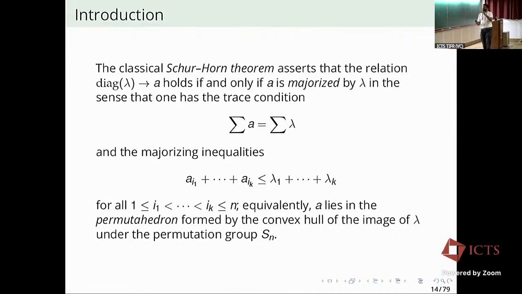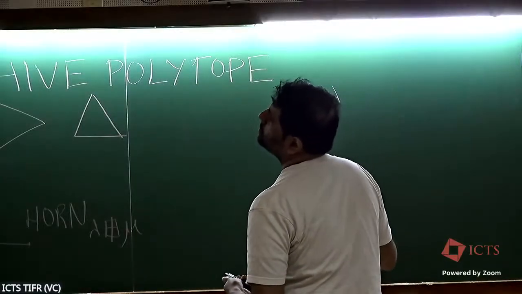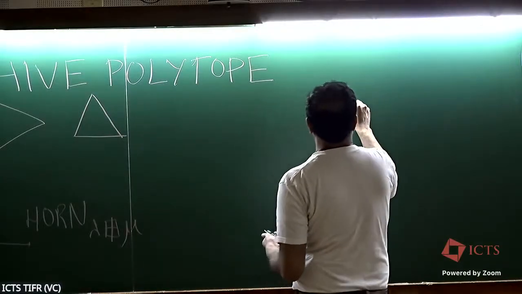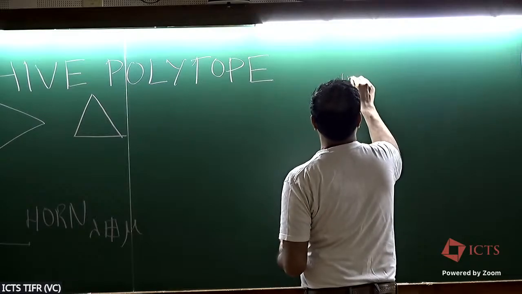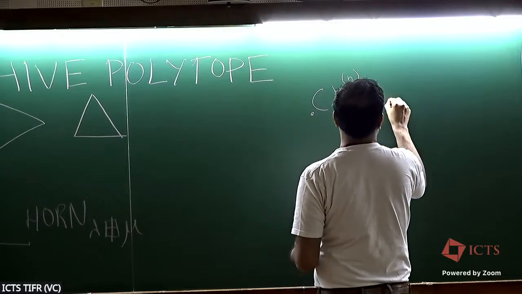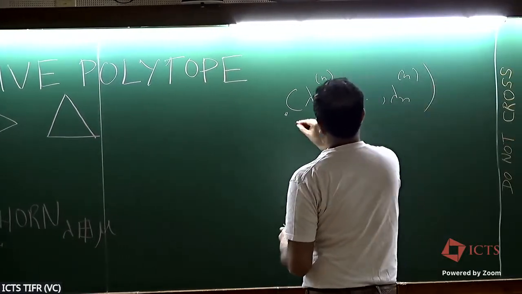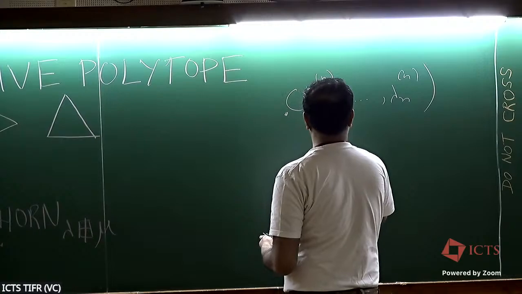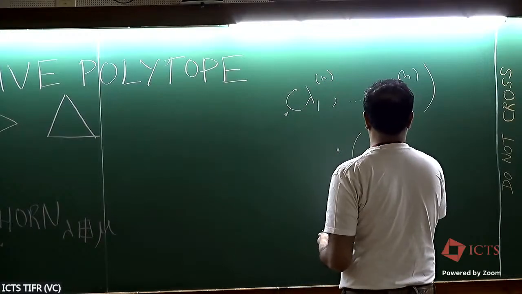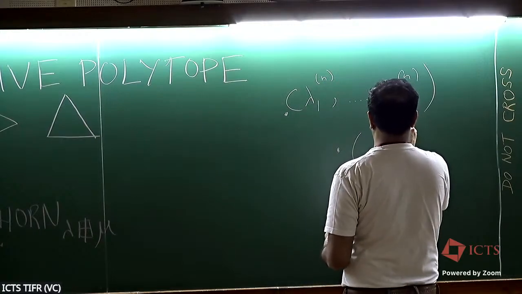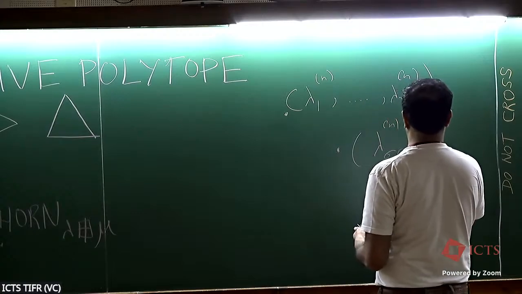So you take lambda1 to lambda n, and you permute all the entries. I'll just put the n in the superscript because I need this n later. This is one vertex, but then you can take permutations of this, where sigma is a permutation.